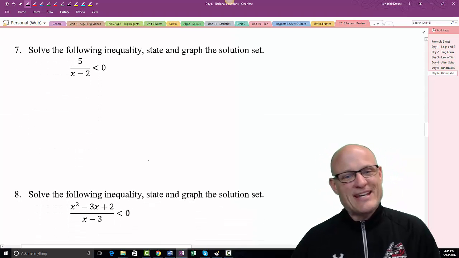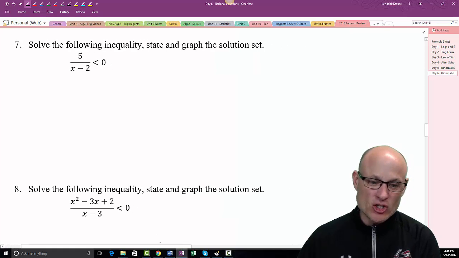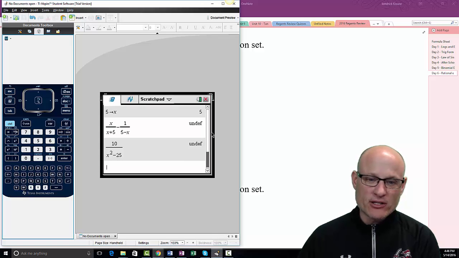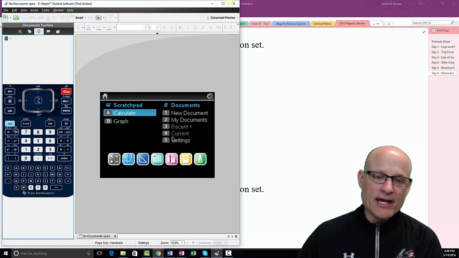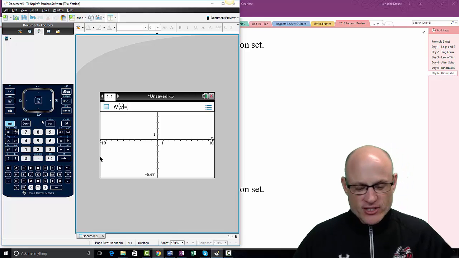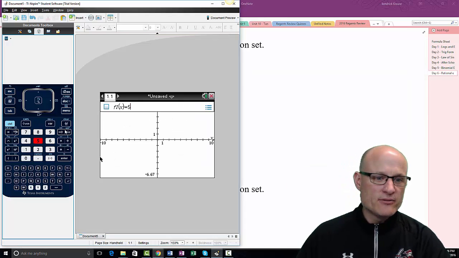Now we're going to do graphing inequalities. Now I could, if I wanted to, come over here to my graphing calculator and go into graphing mode and just type this in. Was it 5 over x minus 2? 5 divided by parentheses x minus 2.